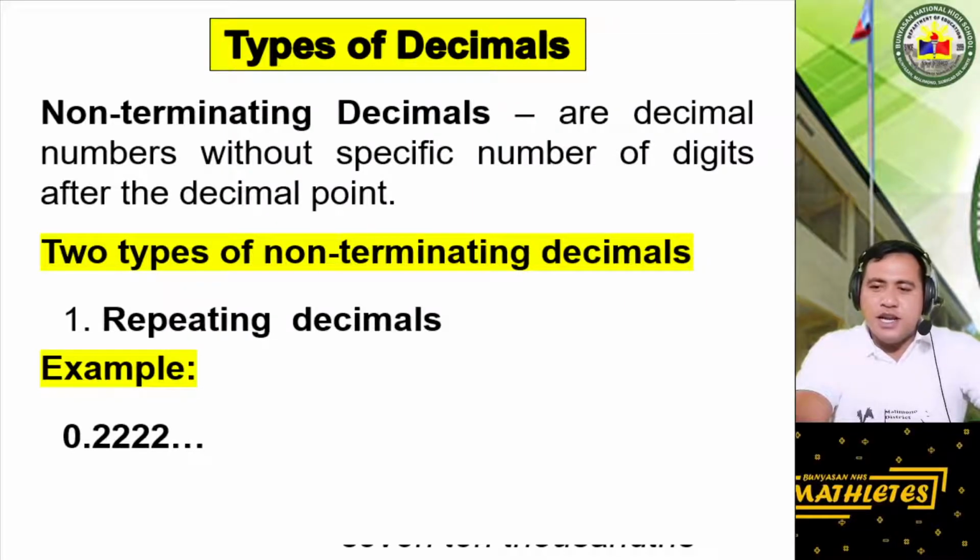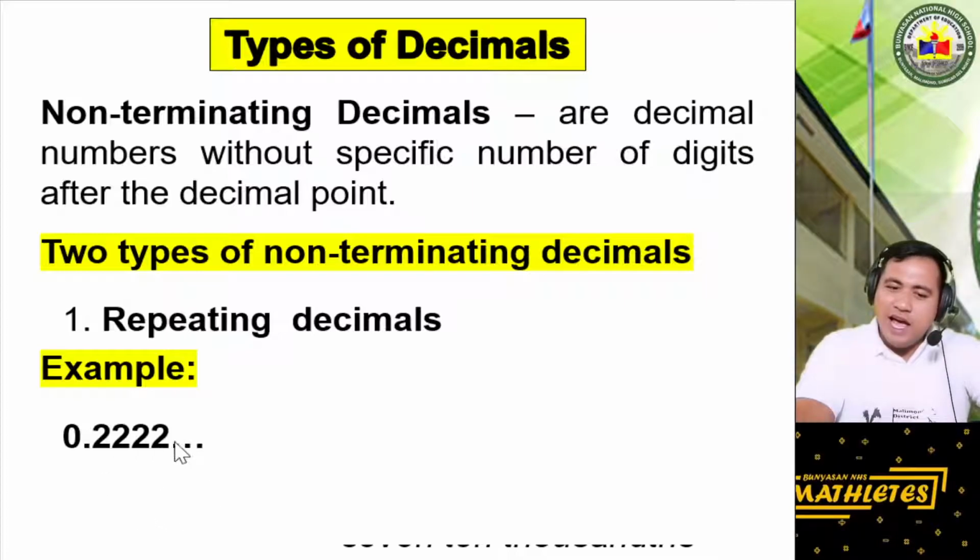At least we know how to read in the proper way ang decimal number pagbasa, pero aron mas masabtan, basahon ra nato in our discussion.